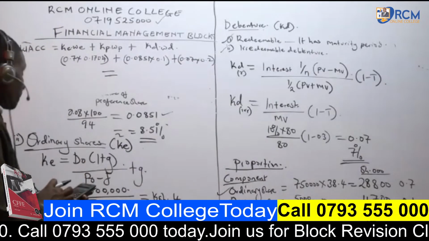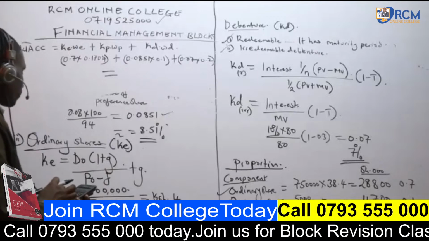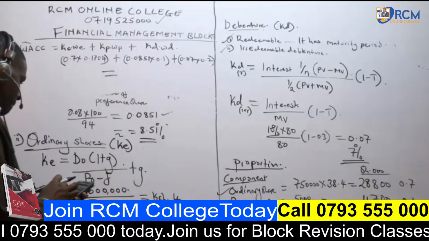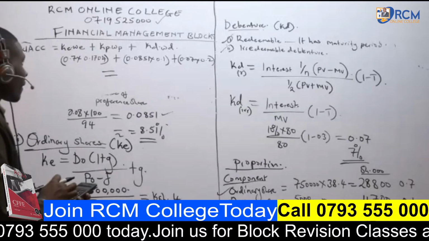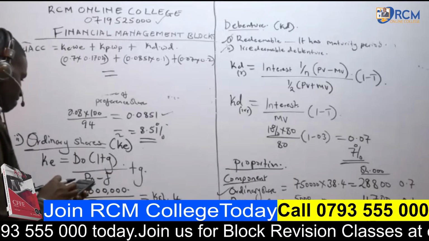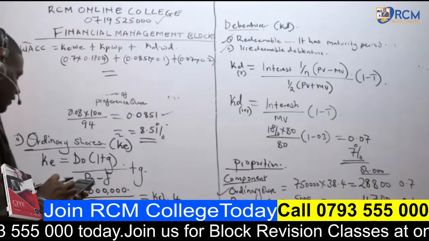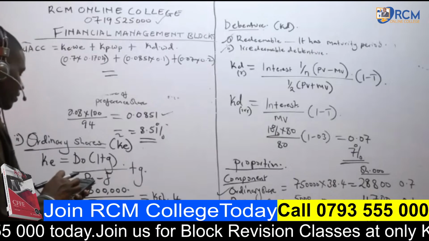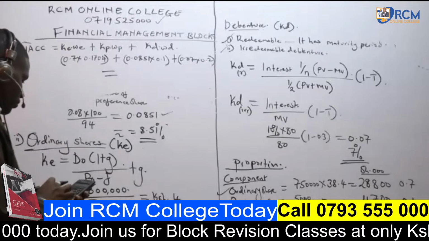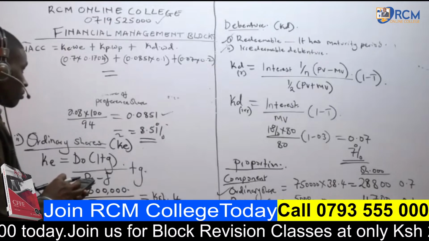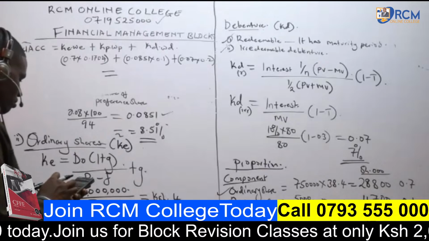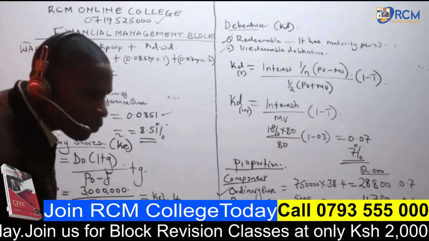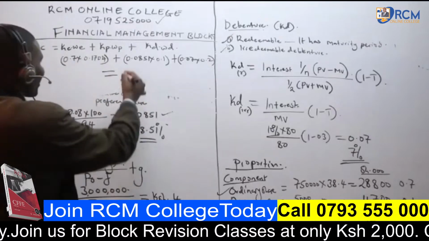So 0.7 times 0.1704 plus 0.0851 times 0.1, plus 0.07 times 0.2. I'm getting 14.179. I don't know, I'll go with that one.